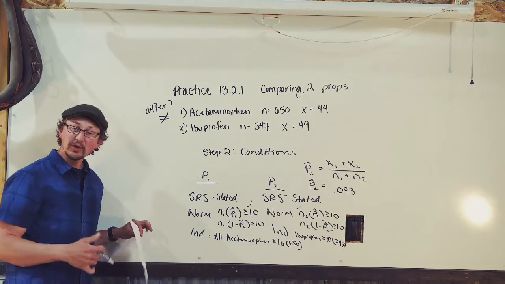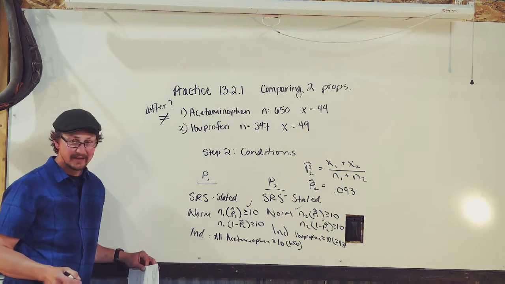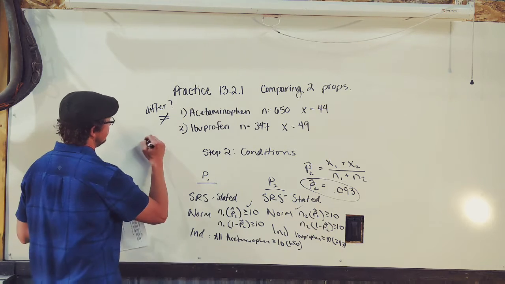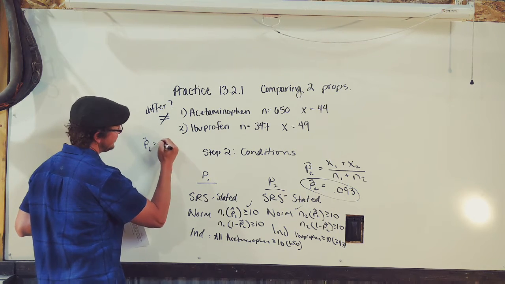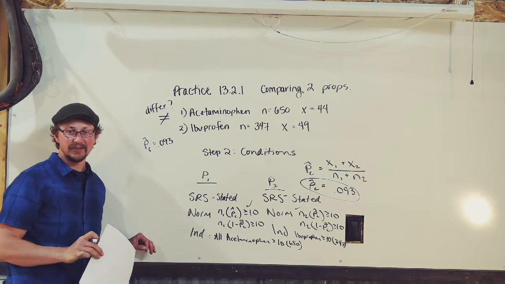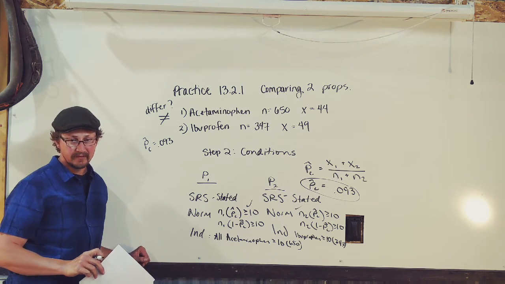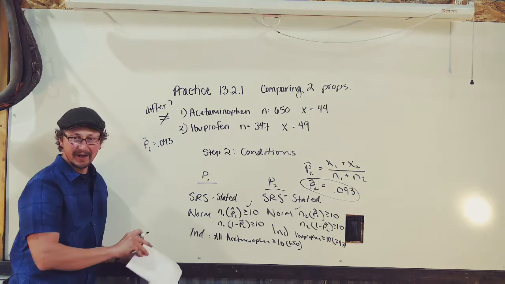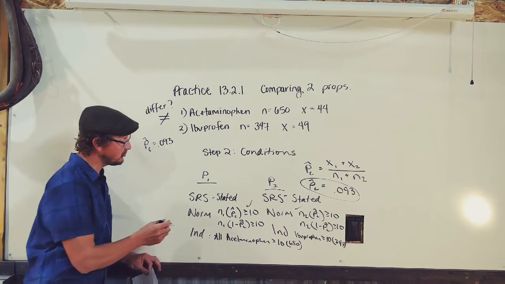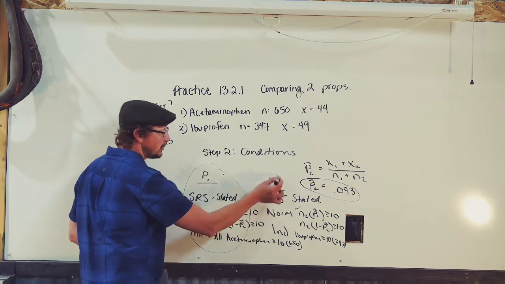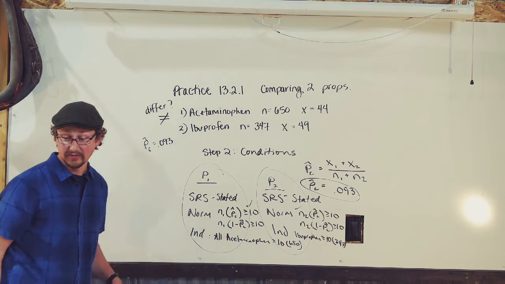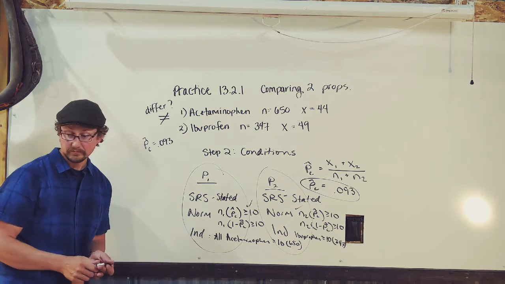So we're good there. It looks like all our conditions are satisfied, and I'm going to write down this number off to the side because I know I'm going to have to use it again in the calculations part. Whenever we're comparing something, be it means or proportions, we have to show that we're satisfying both groups in order to do our z-test computations.